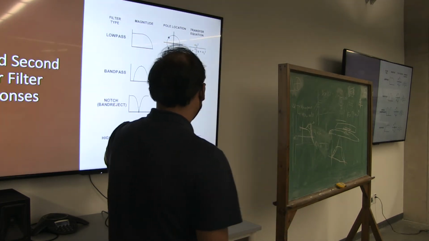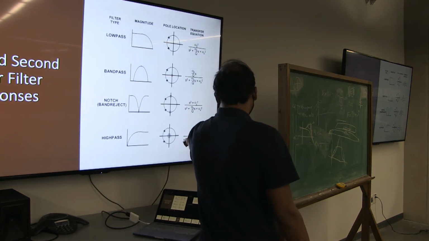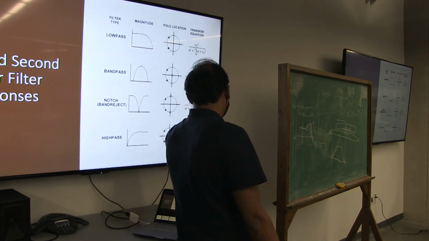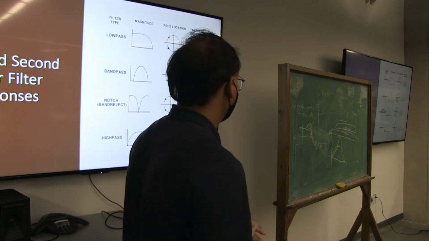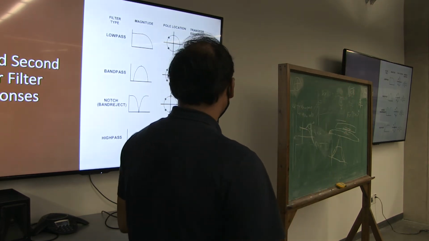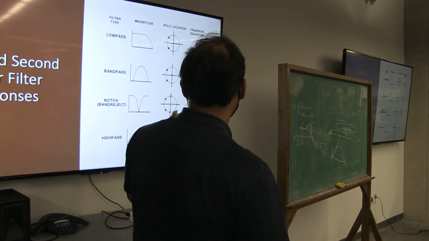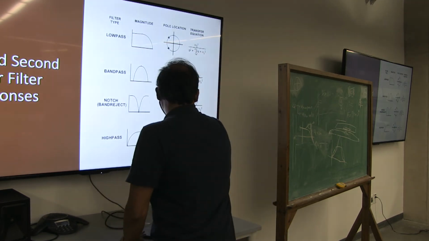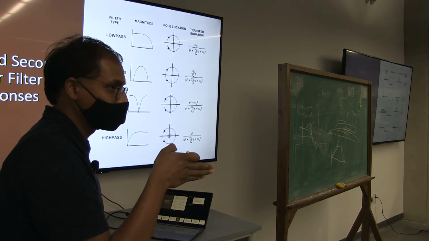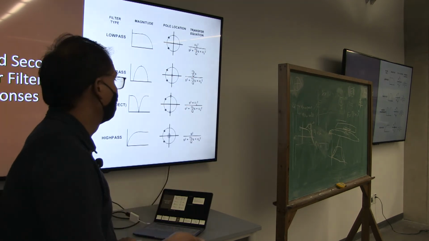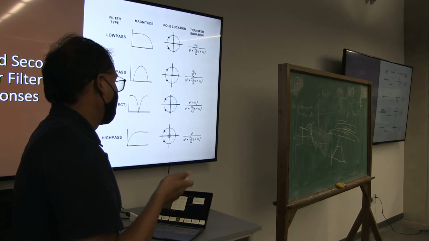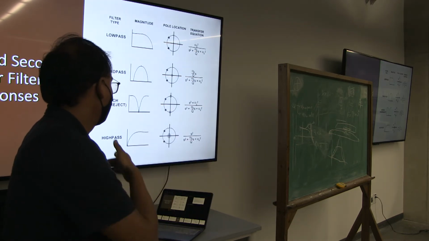And if you look at high pass, here we have 2 zeros at origin and 2 poles in the complex domain. This will lead to high pass. And band reject is basically where we have the zeros on the imaginary axis, and the pole locations are again the same, so notch reject.